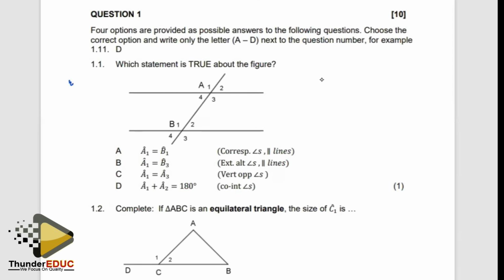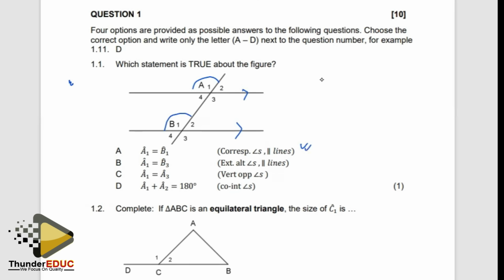Did they tell us if these lines are parallel? Let's assume these lines are parallel. What will be happening? Is A1 going to be the same as B1? That is true. These are corresponding angles because of parallel lines. That is perfect.